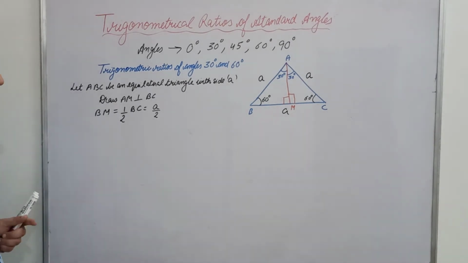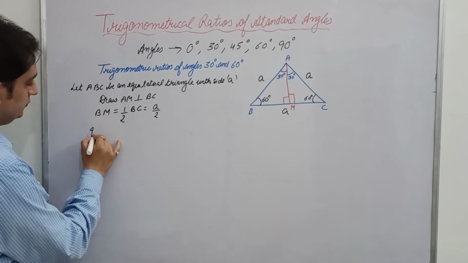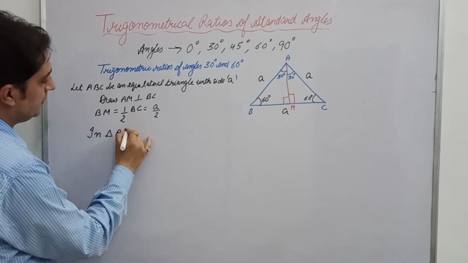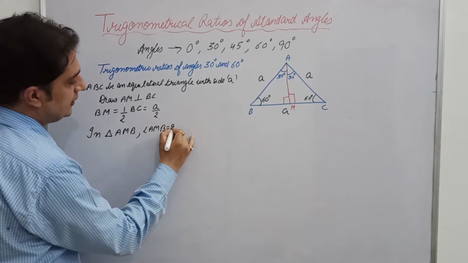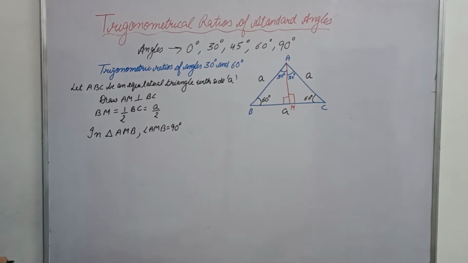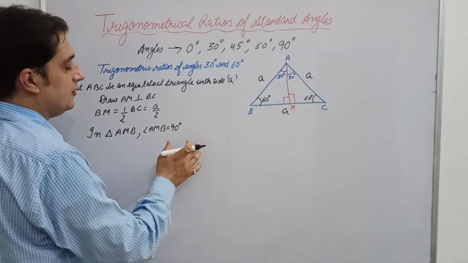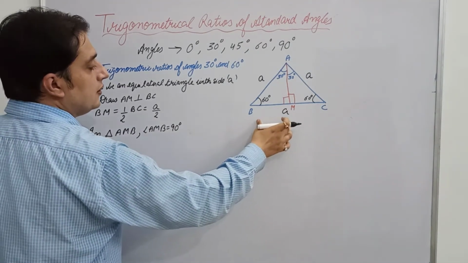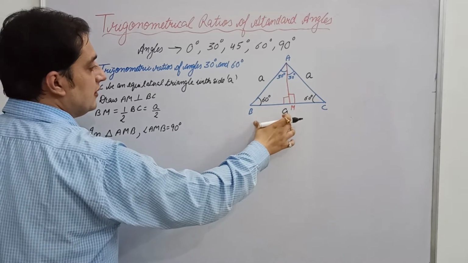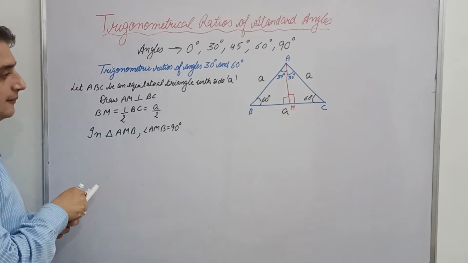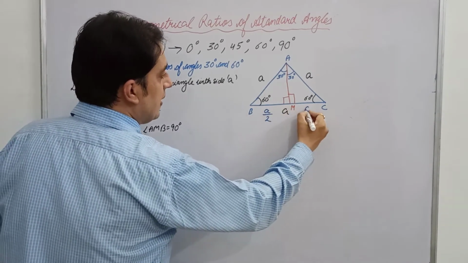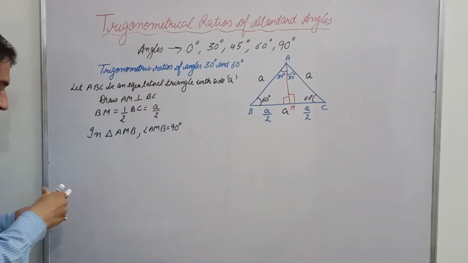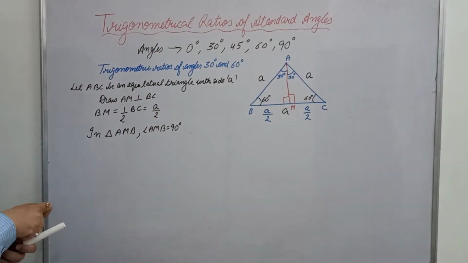In triangle AMB, angle AMB is 90 degree, so this is our right angle triangle. In this right angle triangle, BM is A by 2, because M bisected BC, so MC is also A by 2. So these are the lengths of BM and MC.